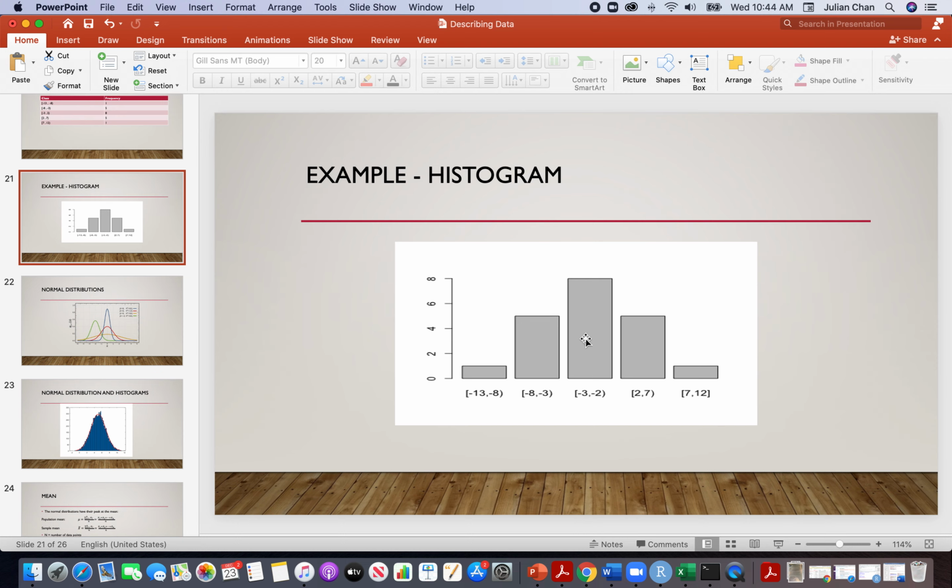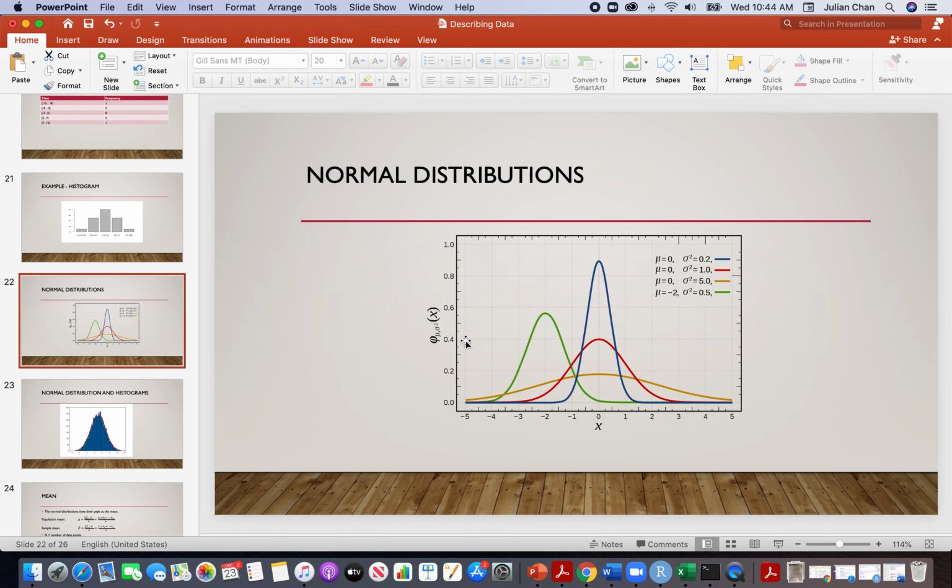Its average lies somewhere between minus 3 and, that should be plus 2, so I apologize. And if we look at this, here's a bunch of different normal distributions, and I want to talk about how these different distributions are different.